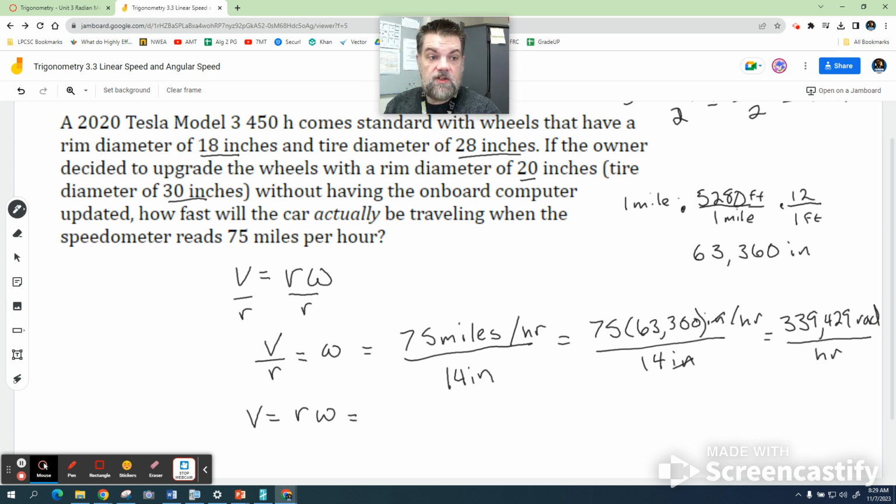All right, so the new radius is 30 inches divided by 2. So the new radius is 30 divided by 2, which is 15. So I'm going to say 15 inches times the angular speed, which is 339,429 radians per hour.